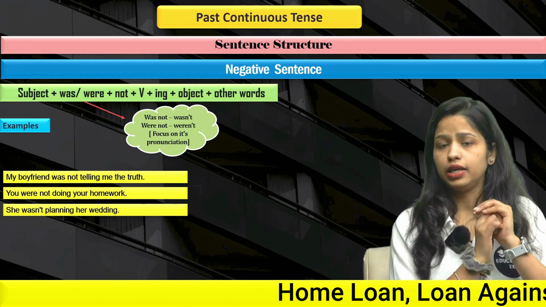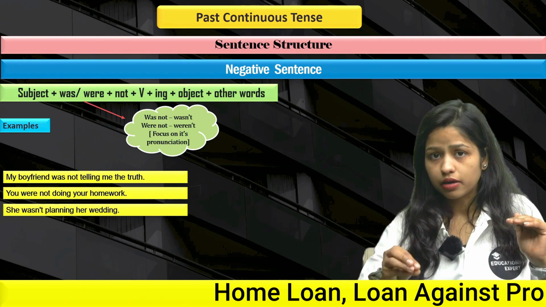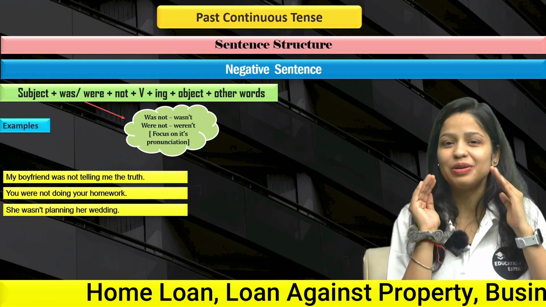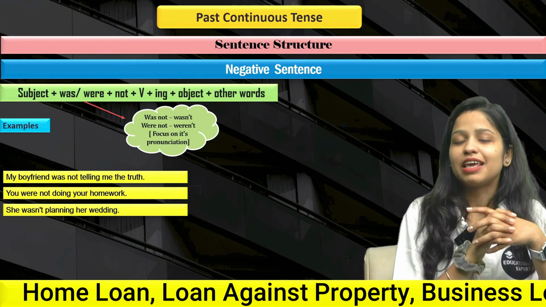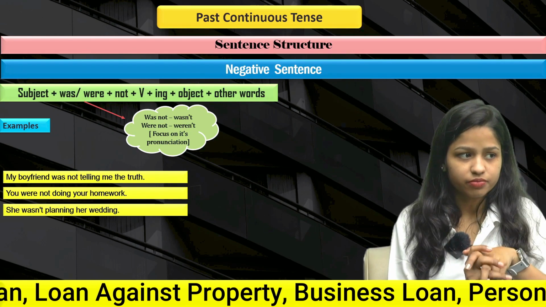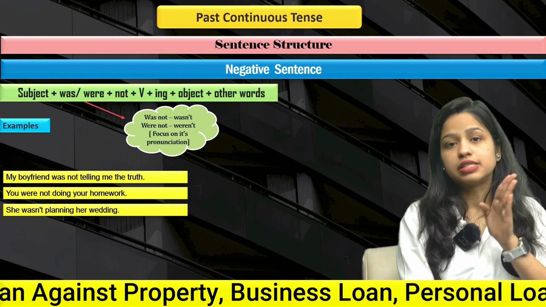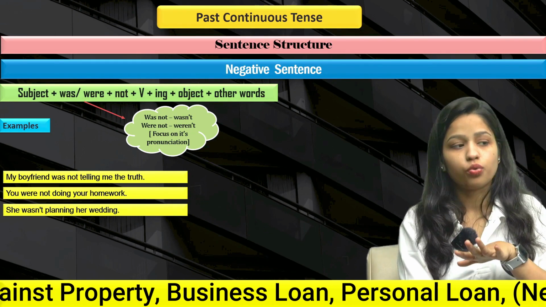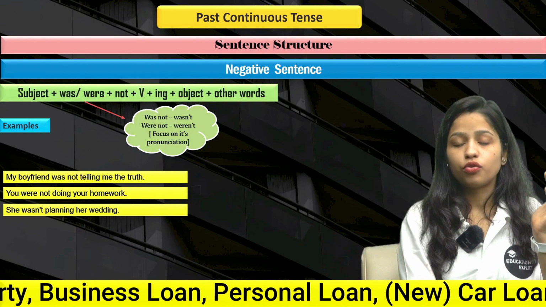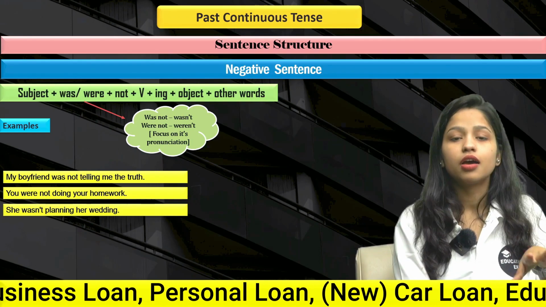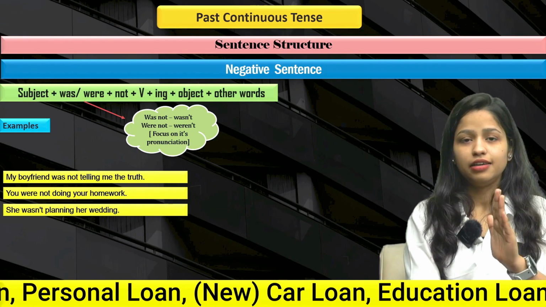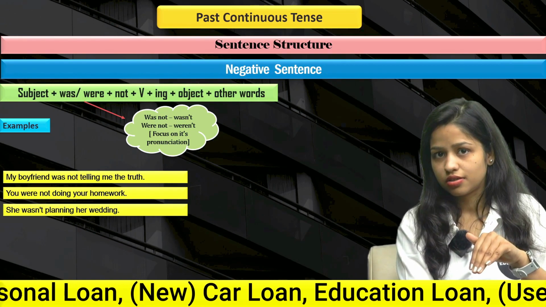If you are writing in a formal manner, at that time you cannot use contraction forms. Clear? So while speaking, you can say she wasn't planning her wedding. But if you are writing in a formal manner, you cannot use it, right?